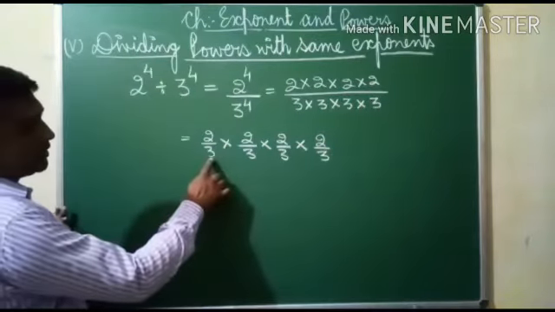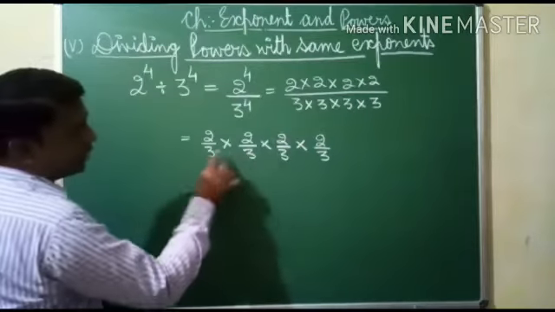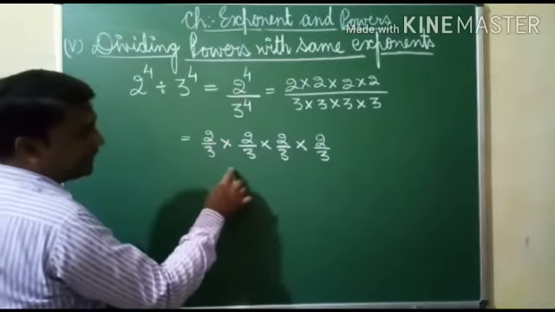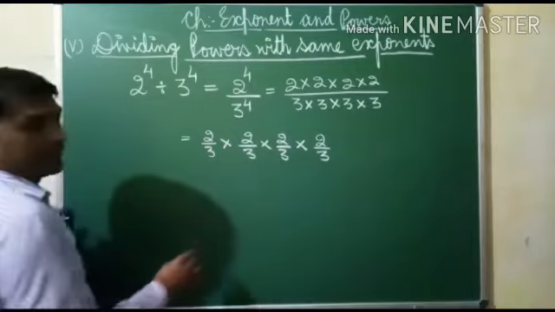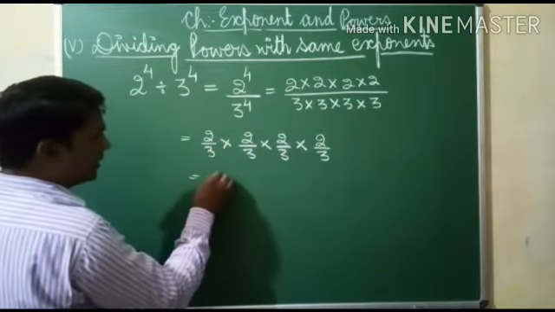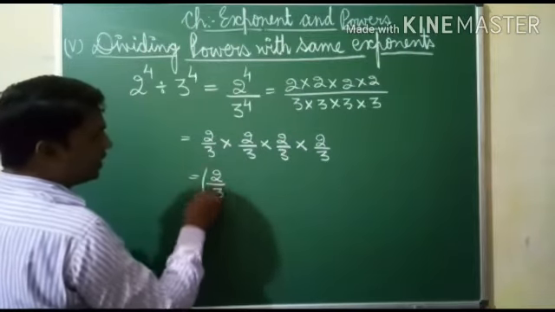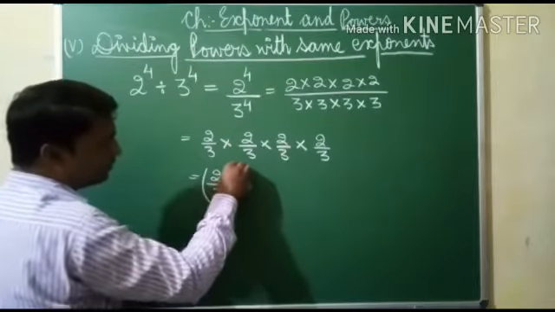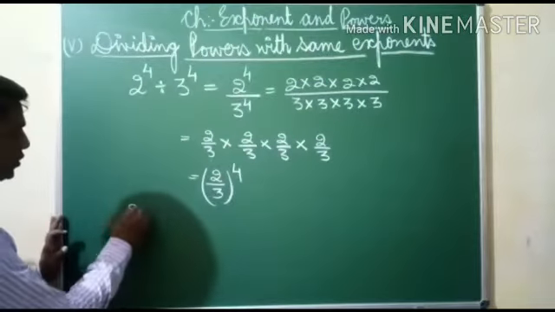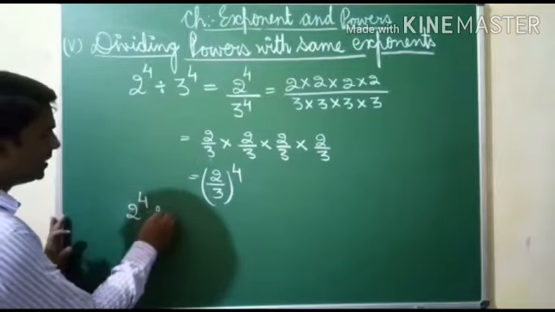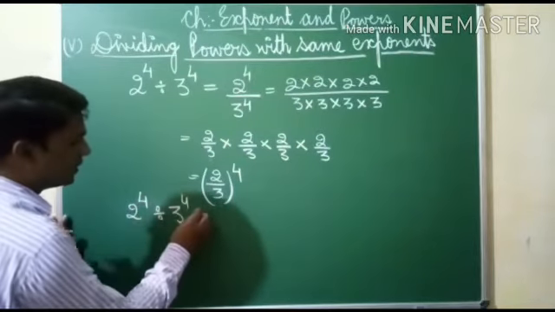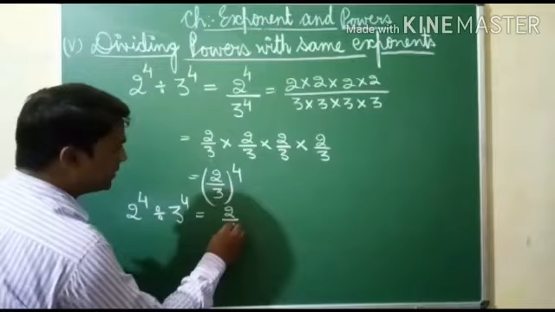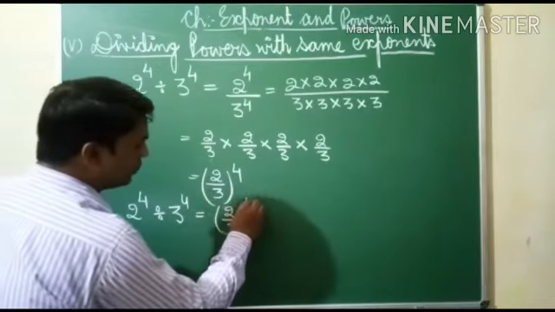Now from this it is clear that 2 by 3 is multiplied by itself 4 times. Therefore it can be written as 2 over 3 whole raised to 4. Therefore 2 raised to 4 divided by 3 raised to 4 is equal to 2 over 3 whole raised to 4.